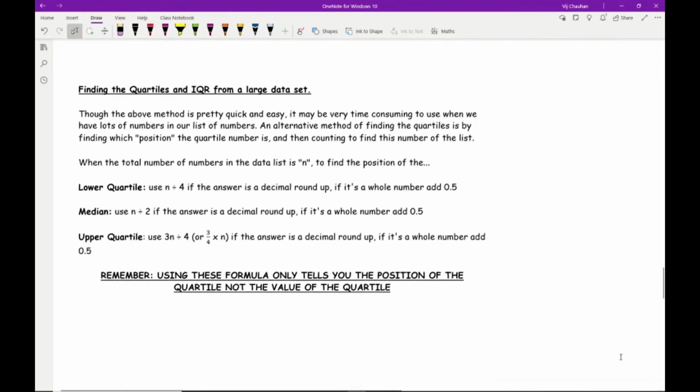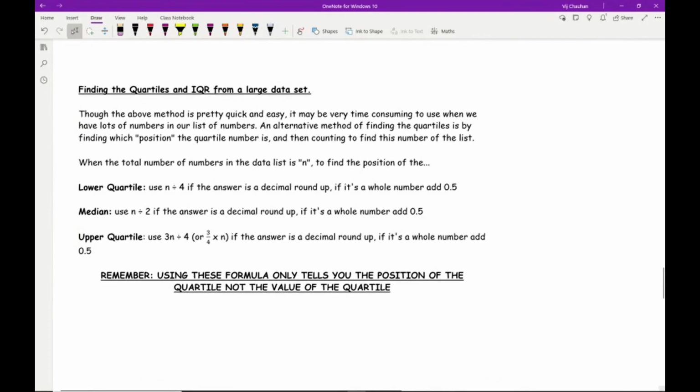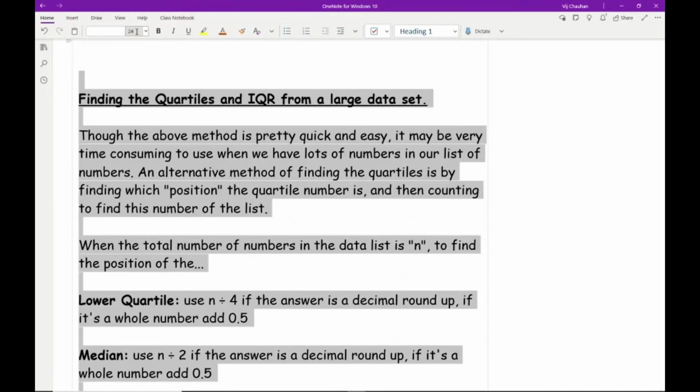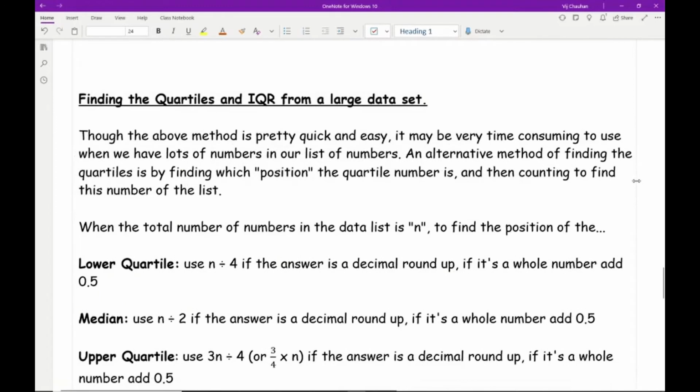Now in terms of finding the quartiles from a large set of data, let me just make that a little bit bigger just so we can see, and you can see in your notes.